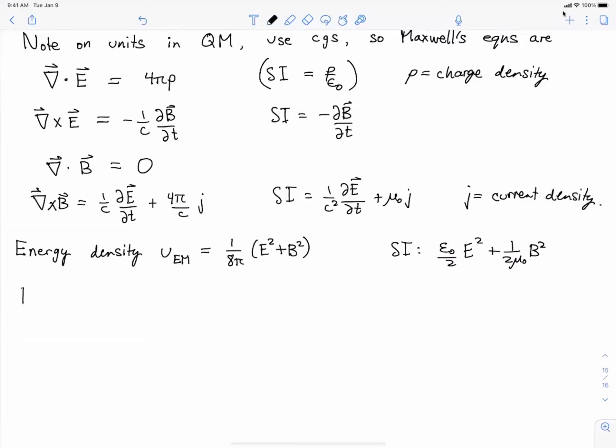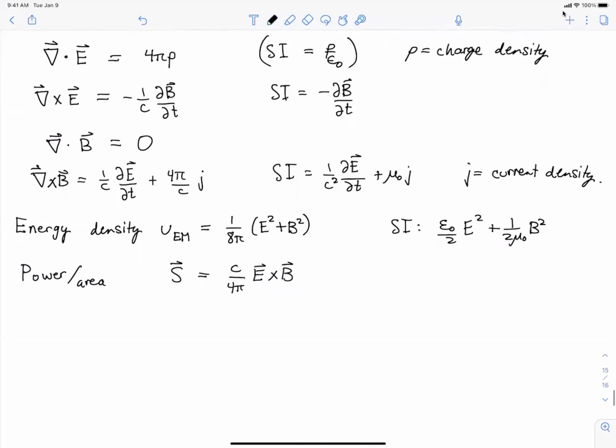Okay, and then that's where energy is. And then there's where energy is going. The power per unit area, that's the Poynting vector, which is c/4π E × B. Okay, and then in the MKS system, that's 1/μ₀ E × B, which always annoys me because why is there a μ₀ in that formula and not an ε₀?